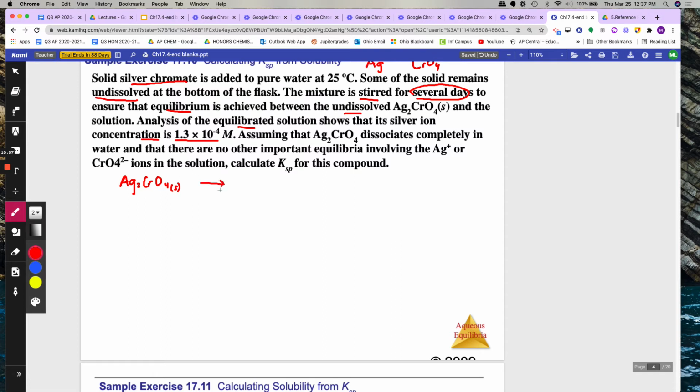The equation would look like this: Ag2CrO4 solid goes to 2 Ag+ aqueous plus CrO4 2- aqueous. At equilibrium, the concentration of silver is 1.3 E-4 molar.